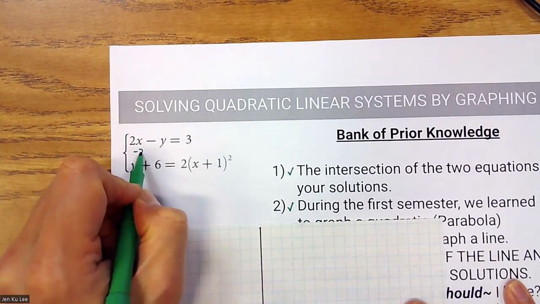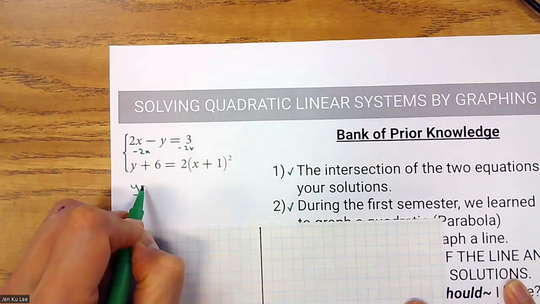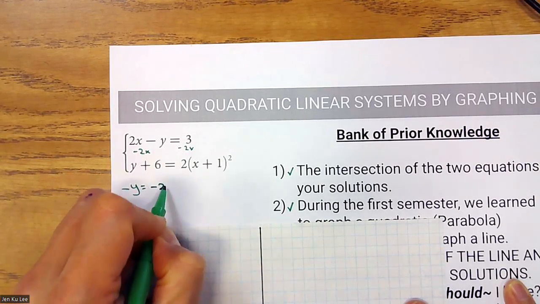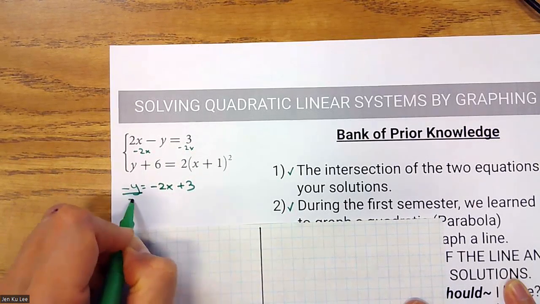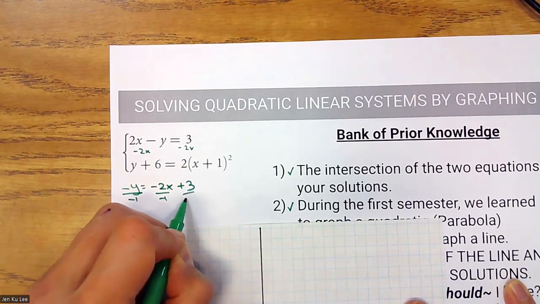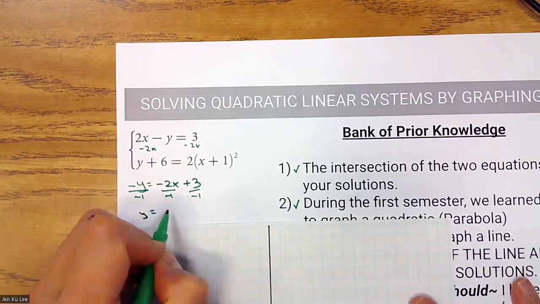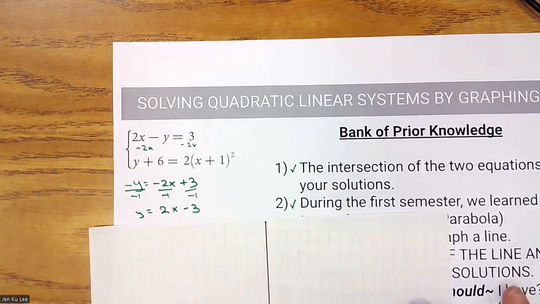So I'm going to subtract 2x on both sides to get negative y is equal to negative 2x plus 3. I'm going to divide by negative 1. So we get y is equal to positive 2x minus 3, right?